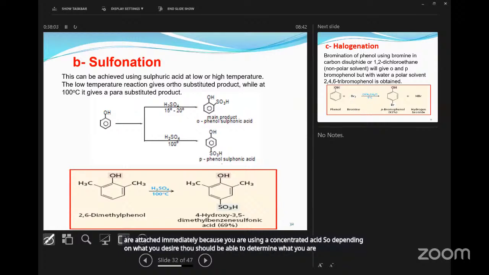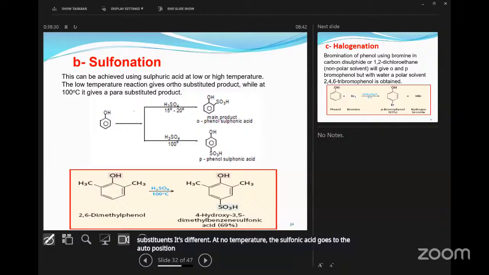Then this is sulfonation. Sulfonation also occurs just like benzene, and this is achieved by the reaction with sulfuric acid. At low or high temperature, you still get it, but the position of substituent attack is different. At low temperature, the sulfonic acid goes to the ortho position.